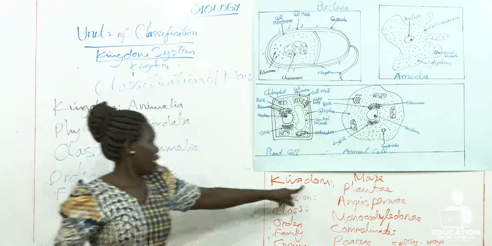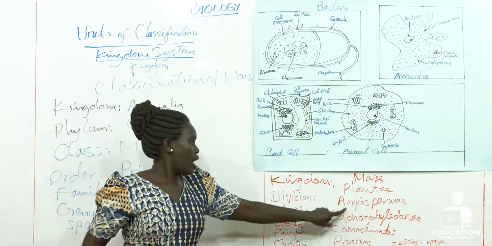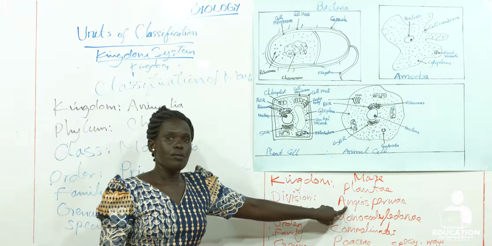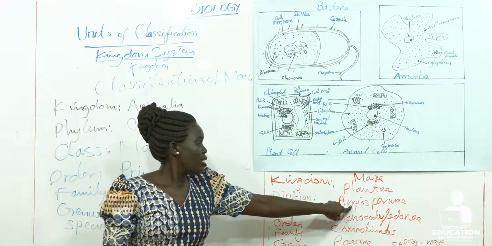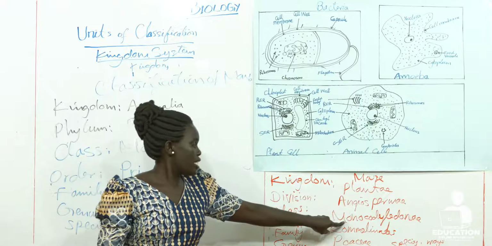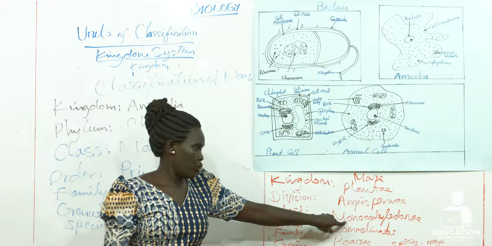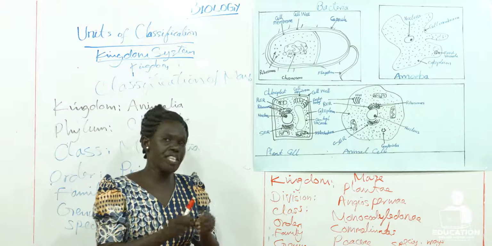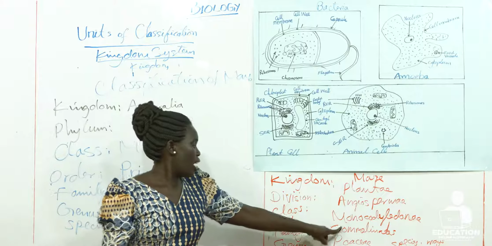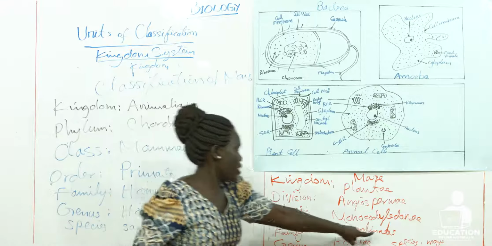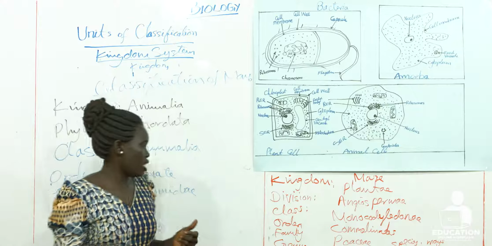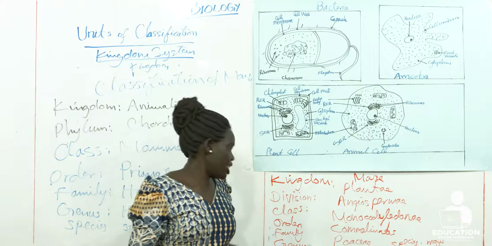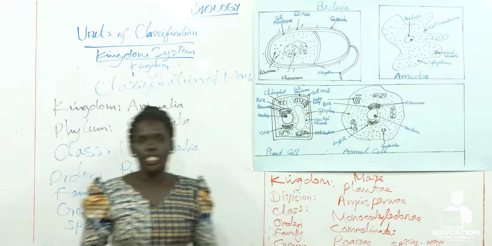That means it is under the plants and it has seeds. These seeds are monocot. That means when you try to divide it, you cannot divide it. And it is Commelinales. Poaceae means grassy cereal. Genus is Zea, species is maize.